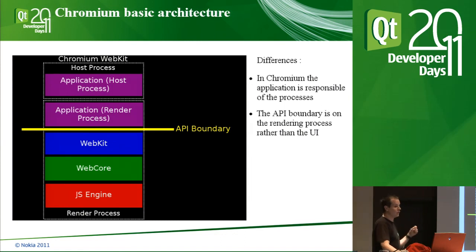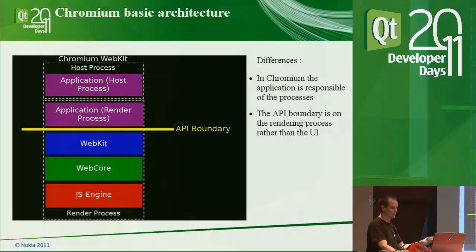And then the application is responsible for creating the processes. So every single tab is responsible for creating the process that will actually render the page. And then they have an API, the application has a render process, and they just load the WebKit API inside. So the API boundary is not on the UI process, it's actually on the render process, some kind of web process, right?